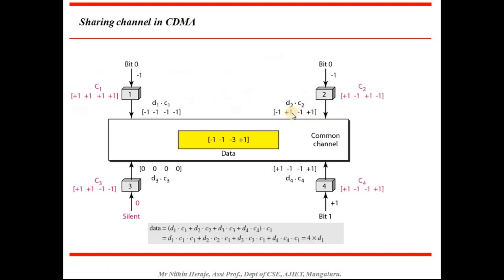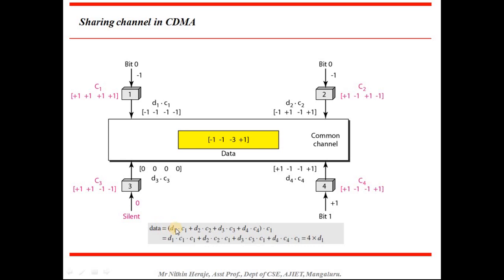It is two or more sequences you are going to add, and finally this is the data you are going to get. So this is one way, and there is another way to solve this.